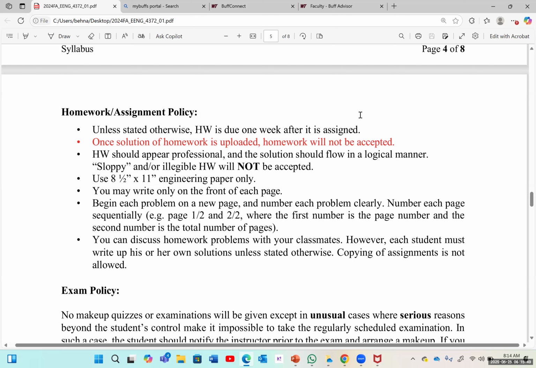I can't read it, and therefore I can't grade it completely. So make sure you get a clear scan of your homeworks when you upload it. All the homework should be uploaded in PDF format. And another thing I wanted to mention, please follow the homework policies.